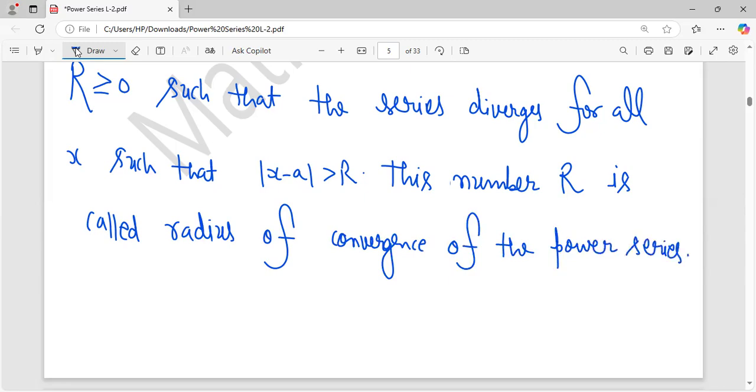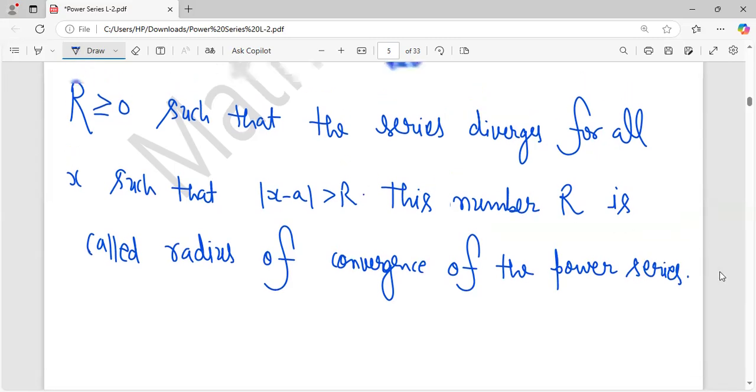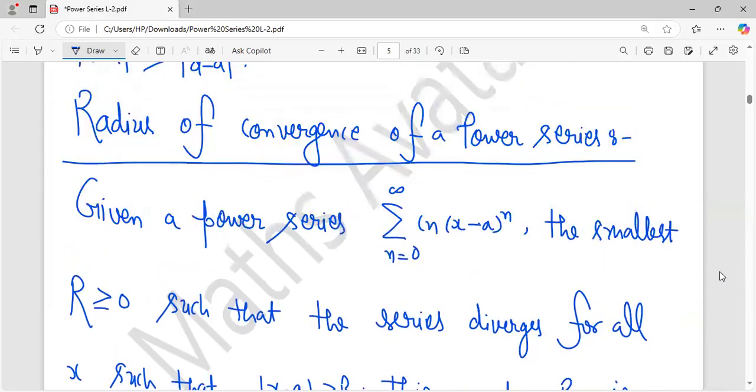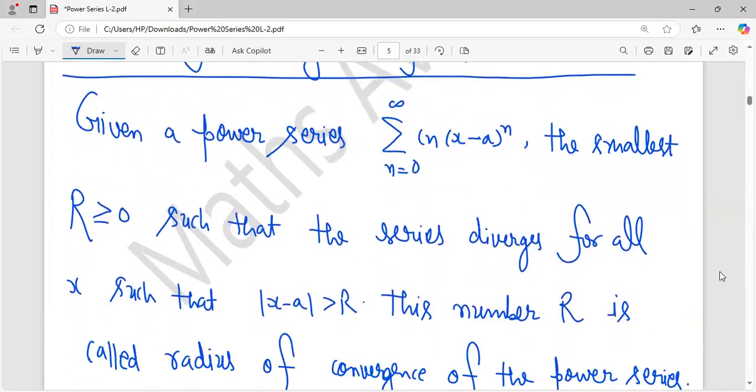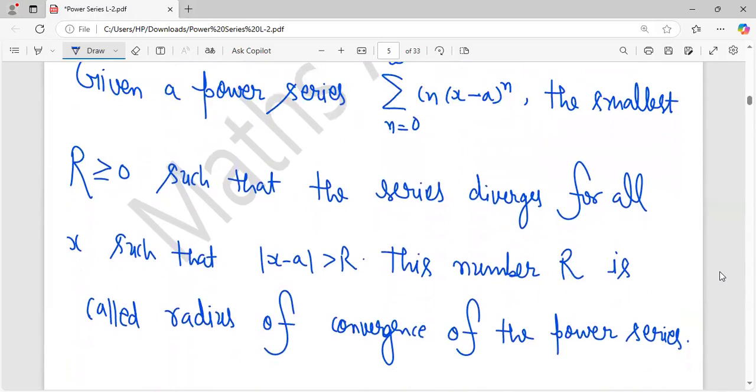Radius of convergence of a power series: given a power series, the smallest number R greater than or equal to 0 such that the series diverges beyond R. This number R is called the radius of convergence.